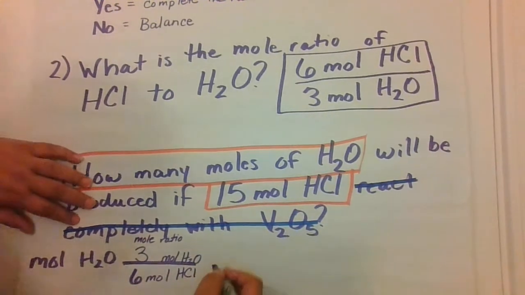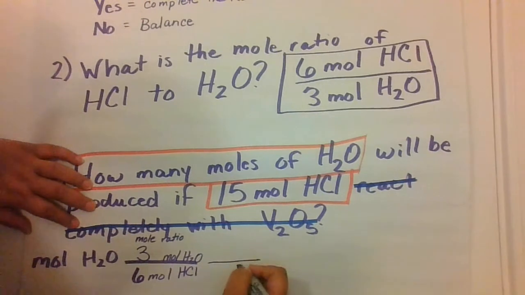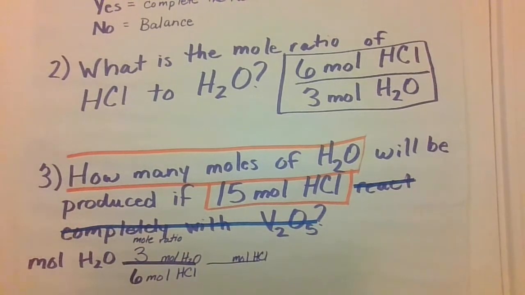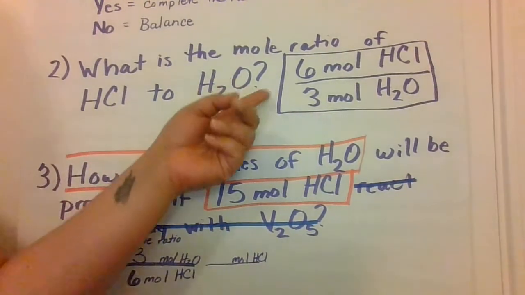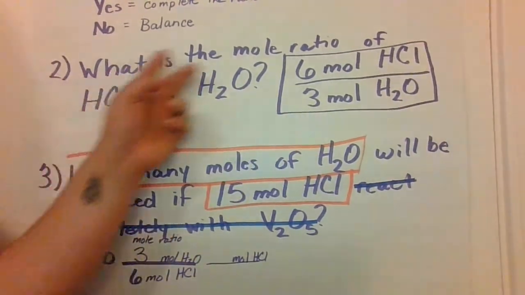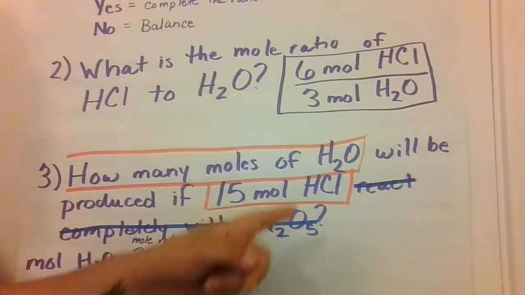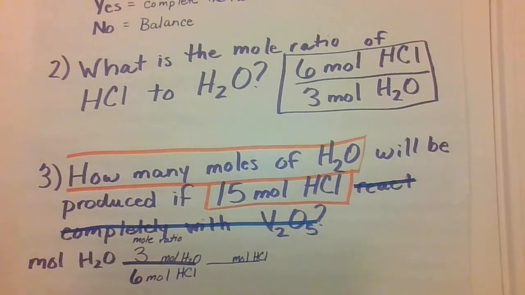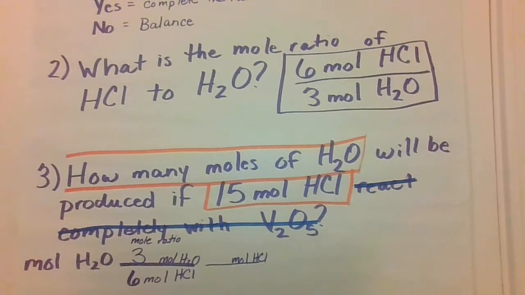Whatever unit we have on the bottom will go on our next line. So moles of HCl. And if we go back to our problem, because we've already utilized the information from our ratio, we now need to go back and find the number that goes with moles of HCl. And what do we have?